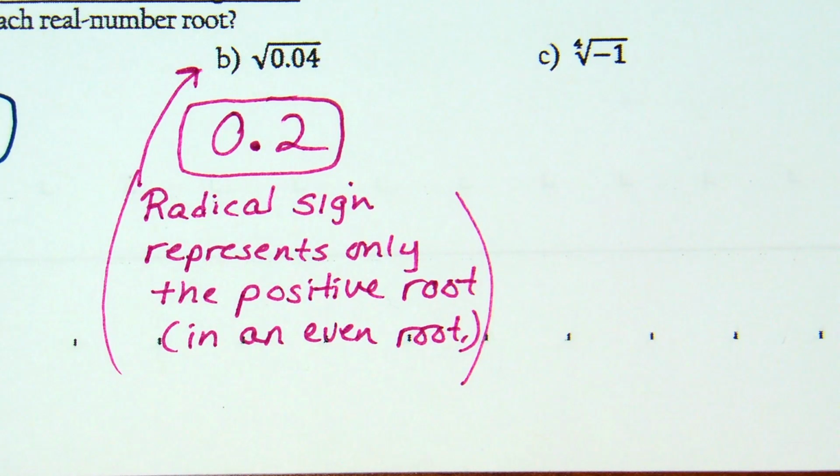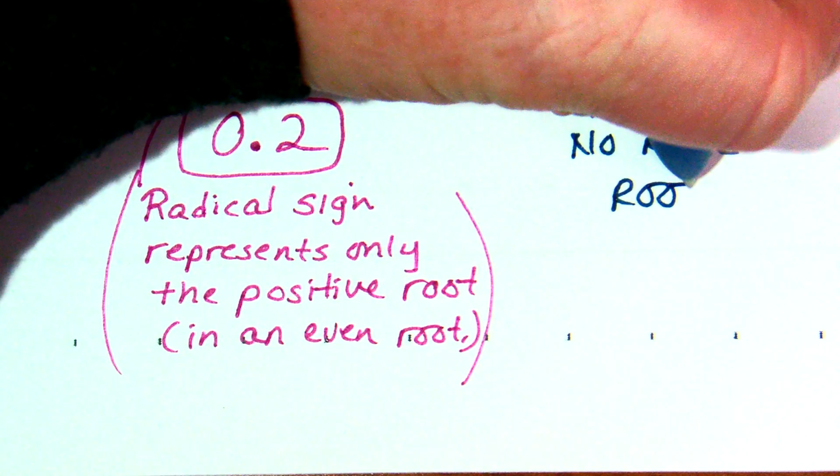Why would it be no solution? Okay, yeah. Are there 4 of the same number that will multiply to be a negative? And the answer is no, because 4 positives multiply to be a positive. 4 negatives multiply to be a positive as well. So because we're trying to do an even root of a negative number, there are no real roots.